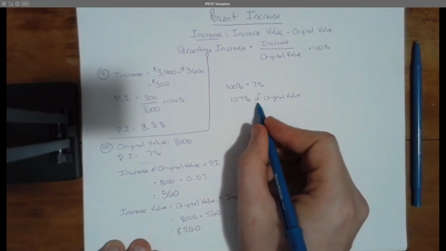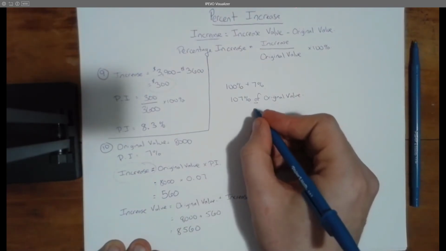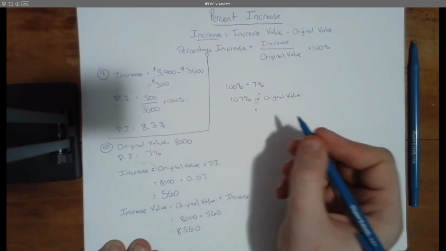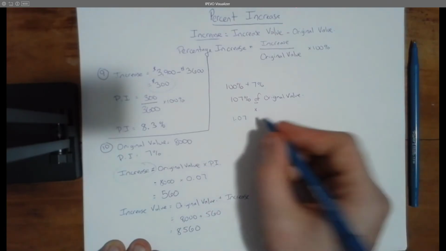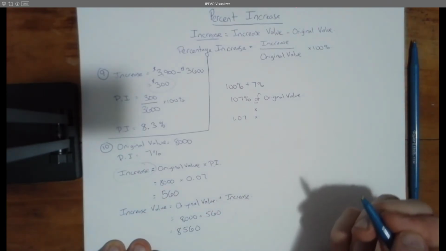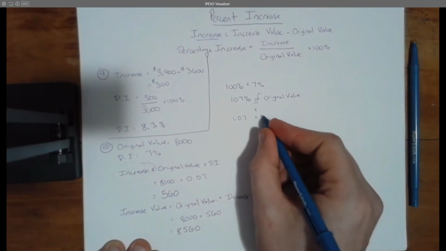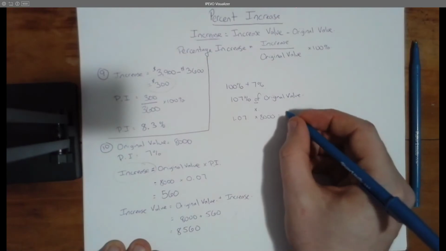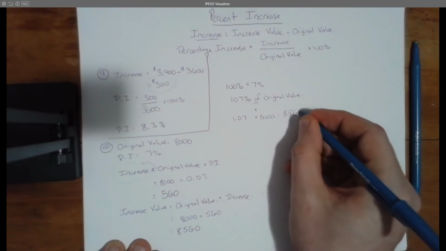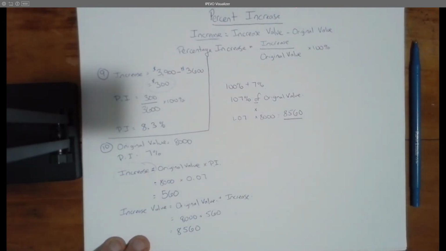Now, the word "of" is a special word in math that means times. So we're going to take 107%, turn that into a decimal, 1.07, and multiply that by the original value, 8,000. And what you'll notice is you'll end up with the exact same answer, 8,560 copies. So that's a little bit of a method 2 if you want to think about it that way.